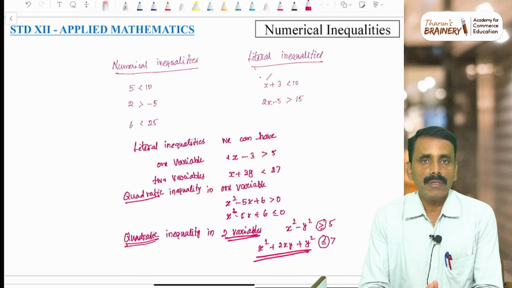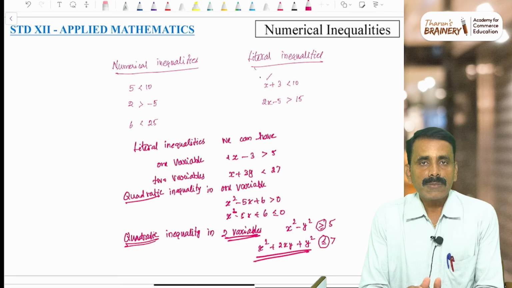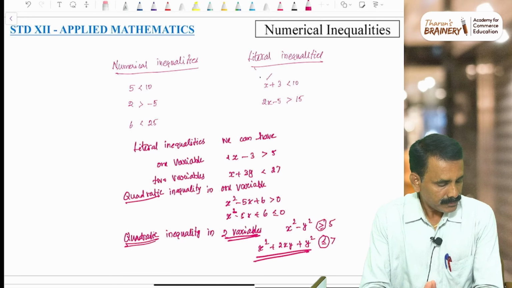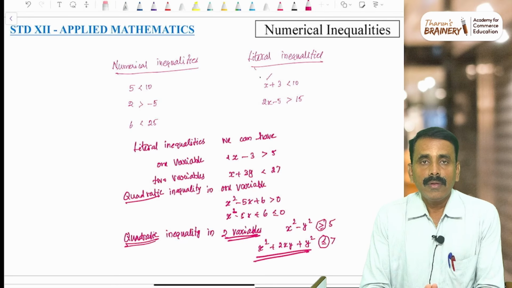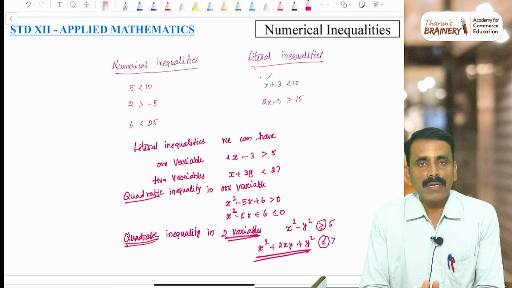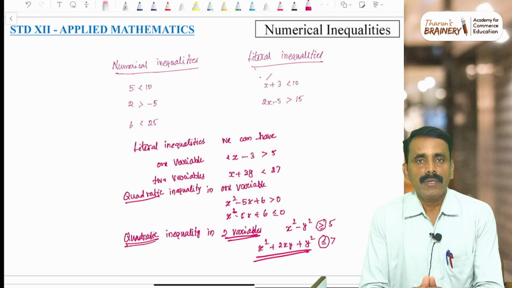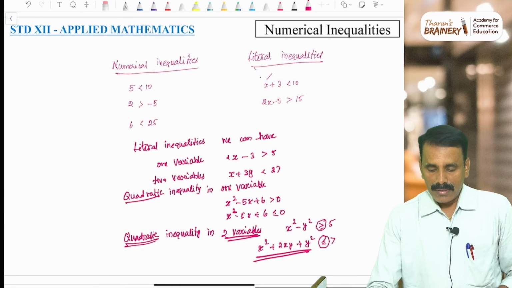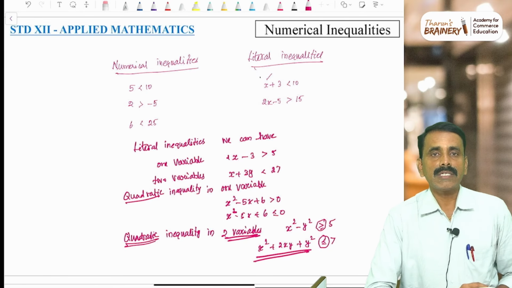Inequality: two numbers or two expressions which are connected by the symbol less than or equal to, greater than or equal to are called inequalities. Inequalities are classified into two types.